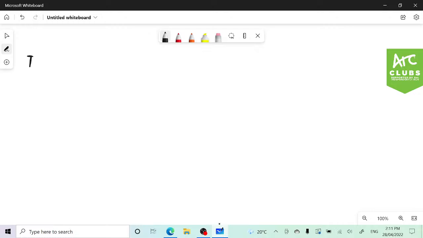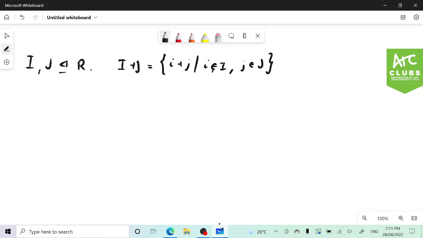We want to take I and J. Both of these are ideals inside your ring R. And what we're going to do is consider I plus J. That's going to be the set of elements i plus j where i belongs in I and j belongs in J. And we want to prove that this is indeed an ideal.